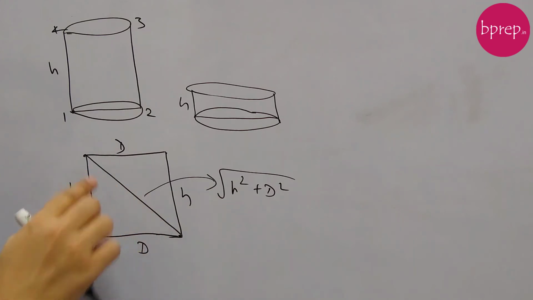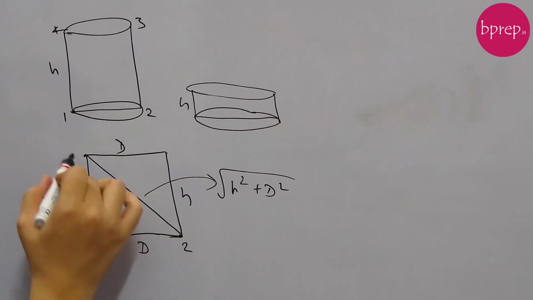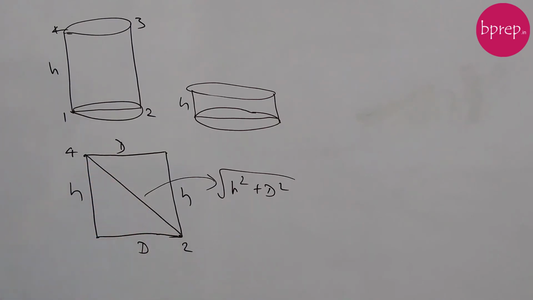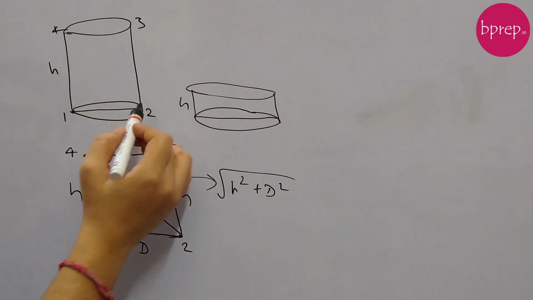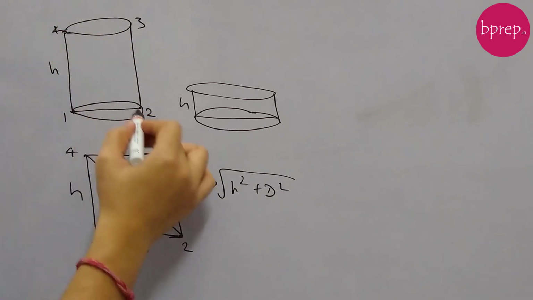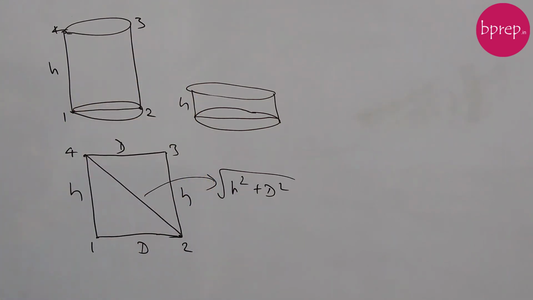So this is the reason, because here in the rectangle the diagonal is the biggest side, hence these 2 points, point number 2 and point number 4, are farthest, right? Similarly, points 1 and 3 will also be farthest, as mentioned in this diagram. So that is the reason in any cylinder, either 2, 4, the opposite points will be farthest, or 1, 3 would be farthest.